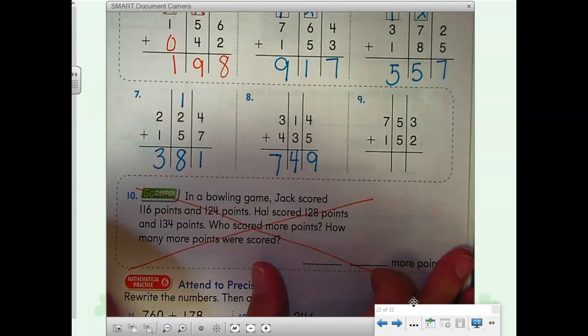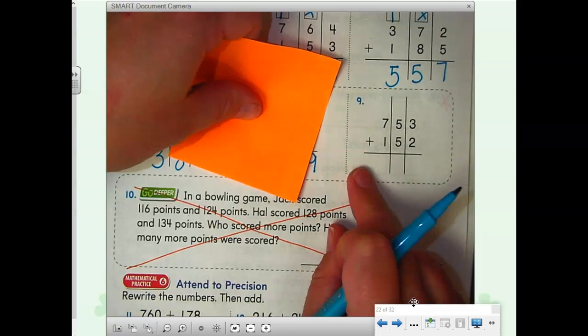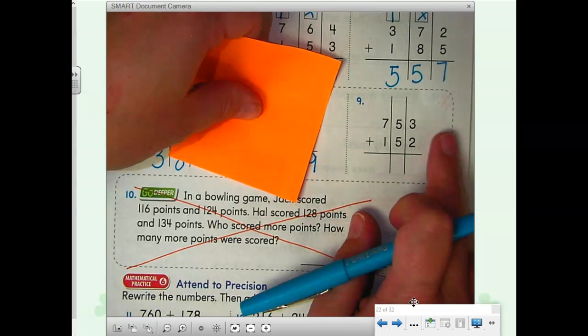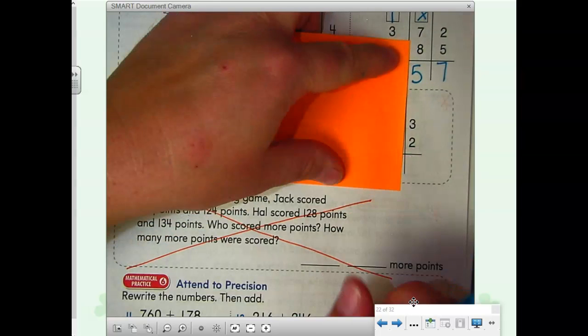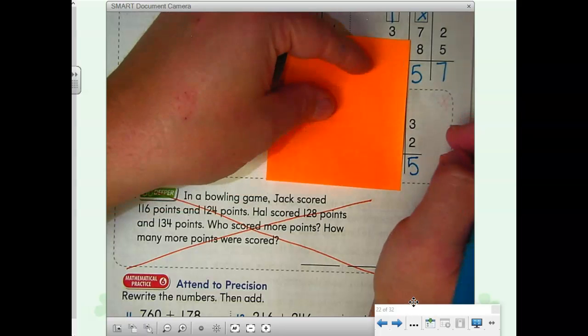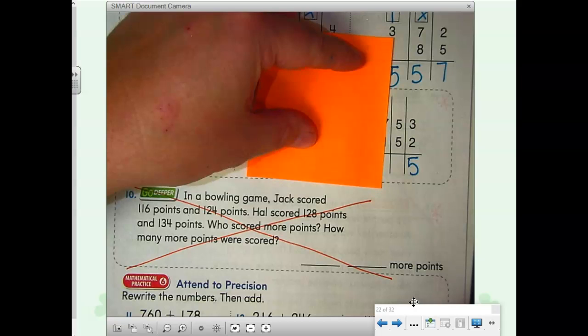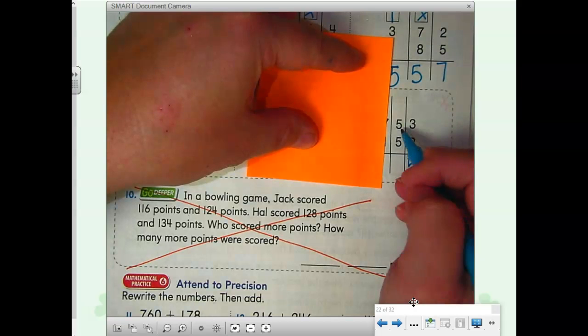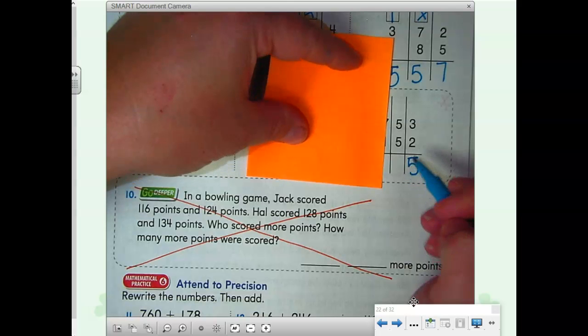And number 9, 753 plus 152. Start in your ones column. 3 plus 2 equals 5. Do I need to regroup? No. 5 plus 5 is 10.